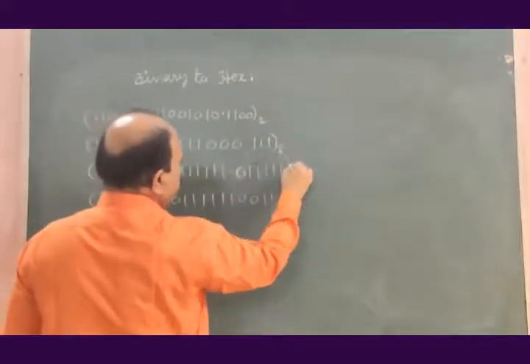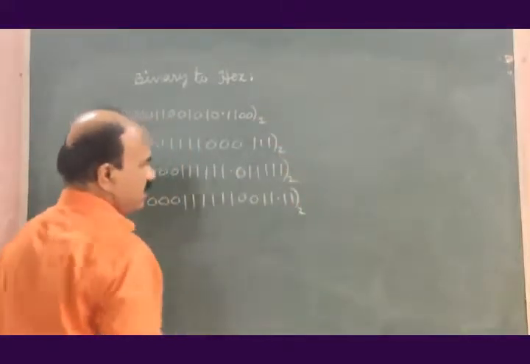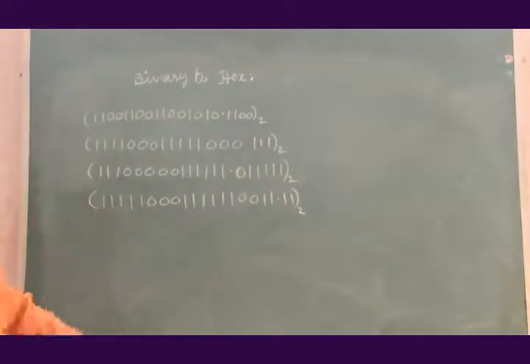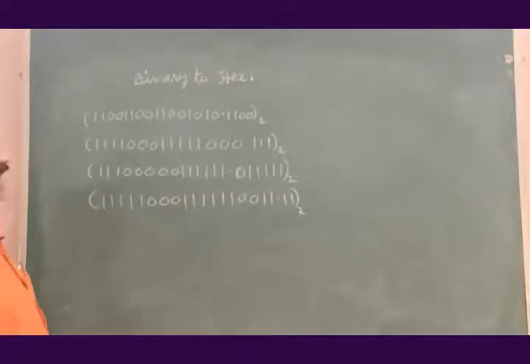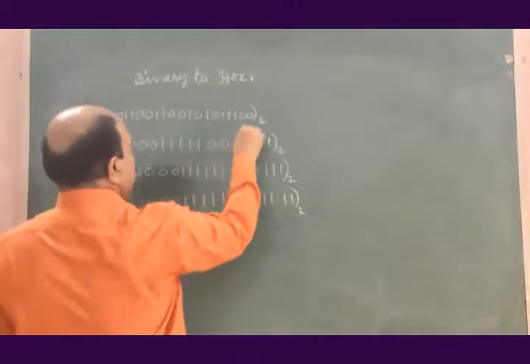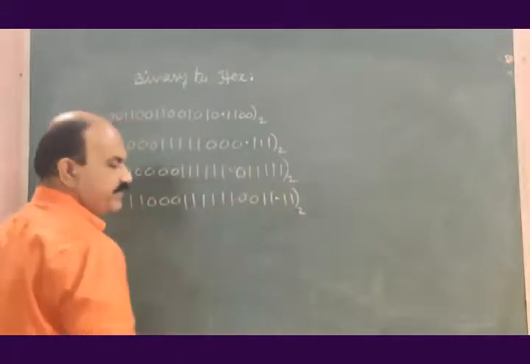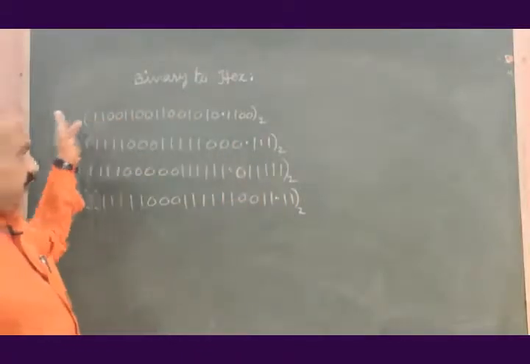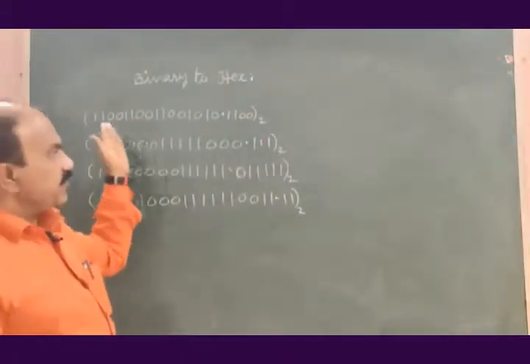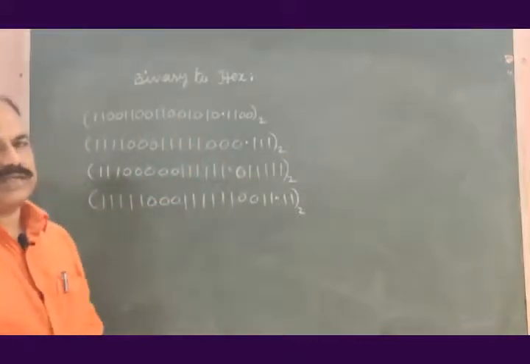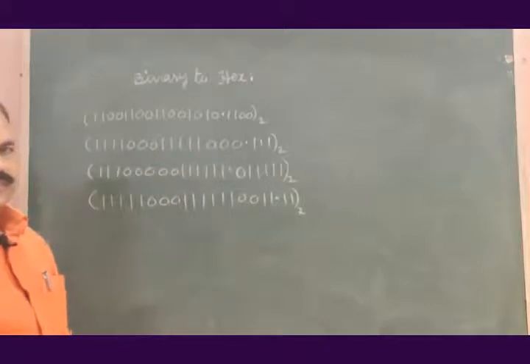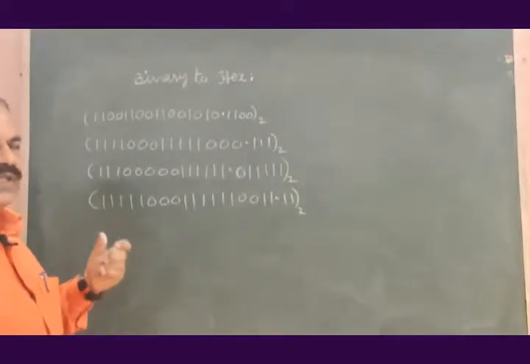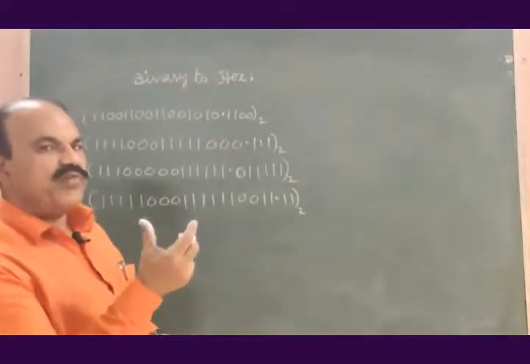We can consider more examples, but this is sufficient. Now start from the binary point. To the left for integral part, to the right for fractional part. Move from the binary point to the left, and while moving to the left, make groups of 4 bits.